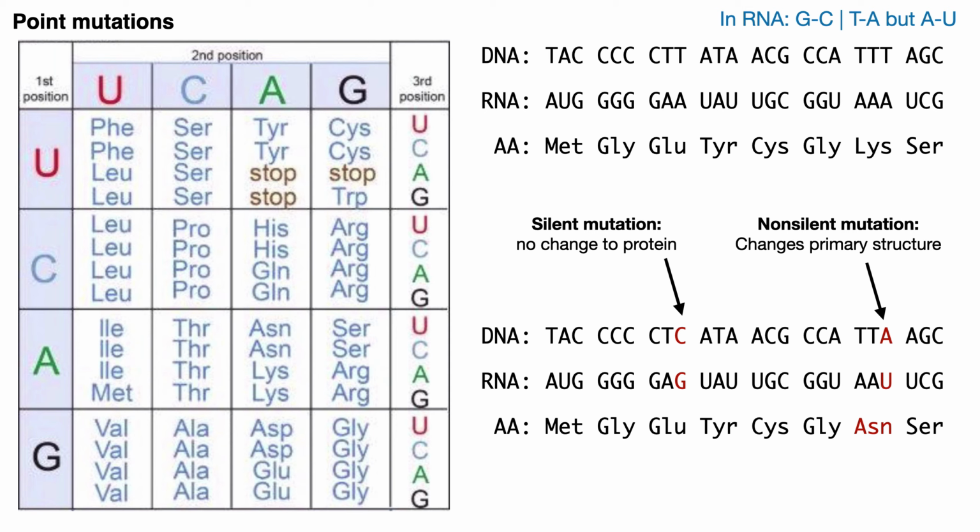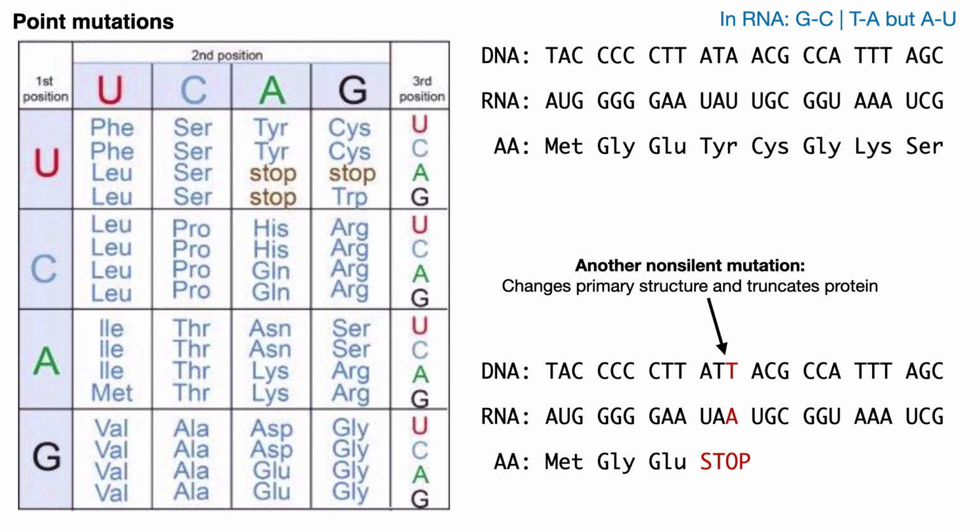If it's a part of the protein that's in one of these variable regions away from the active site, it might not make a difference. So there's a lot of contingencies here. If there's a mutation that doesn't make a change, there's no change to the protein, so the protein works the same. If there's a non-silent mutation and you change the amino acid that goes in that spot, that may or may not affect the function of the protein, depending on where it's located on that protein.